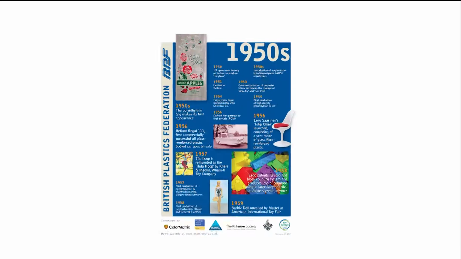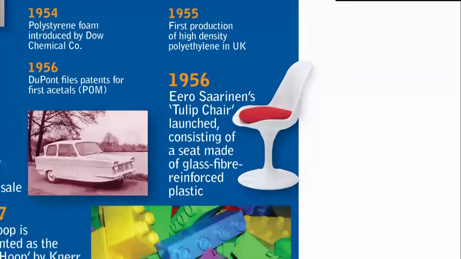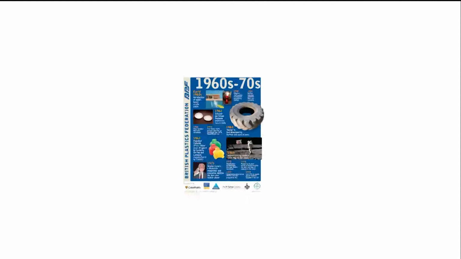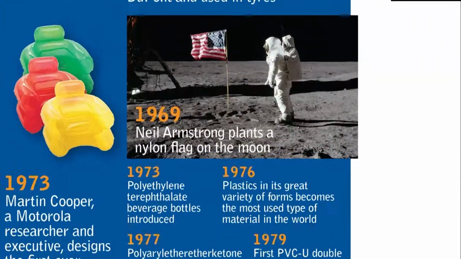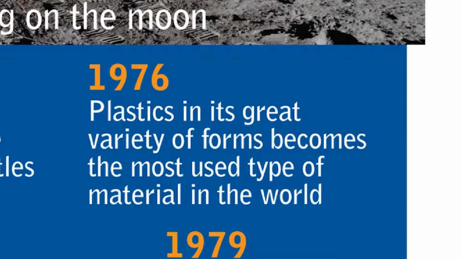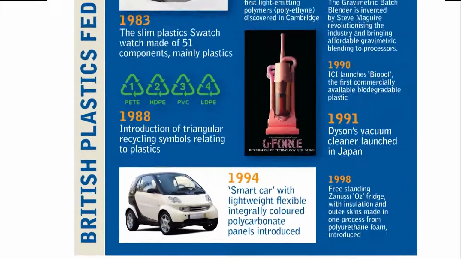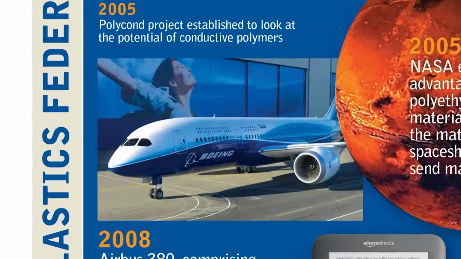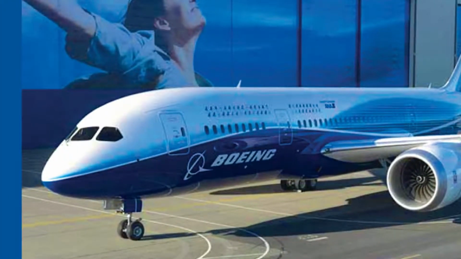In the 50s, architects like Eero Saarinen began designing furniture using fiberglass. By 1976, plastic becomes the most widely used material in the world. Plastic car bodies are introduced in the 90s. In 2009, Boeing introduces the 787 having a 100% composite skin.